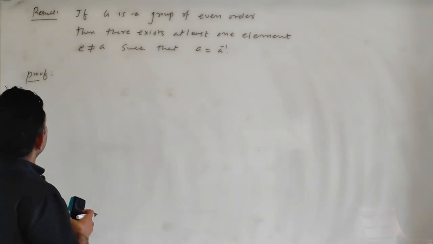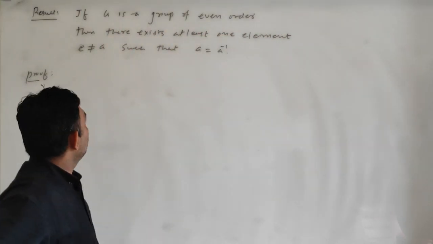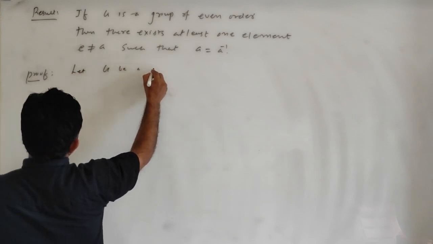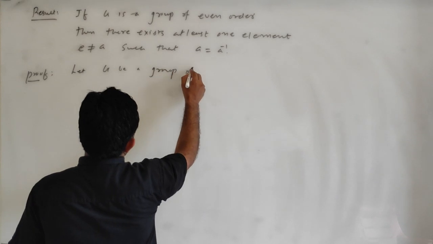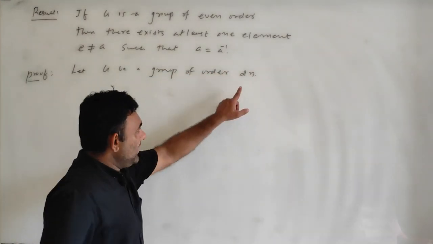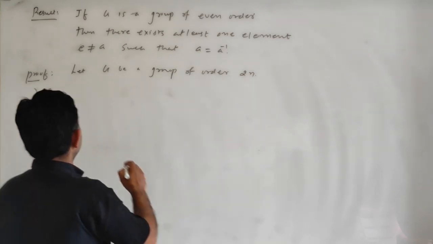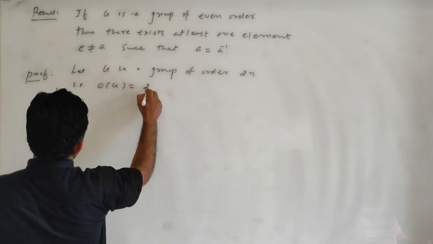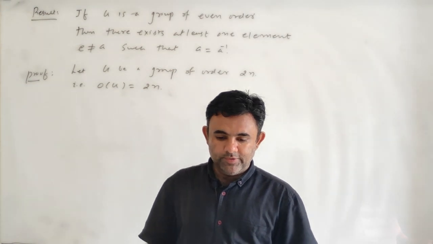So I have to start with a group whose order is even. So let G be a group of order 2n, where n is some positive integer. So 2n is always even. So the order of G is 2n.